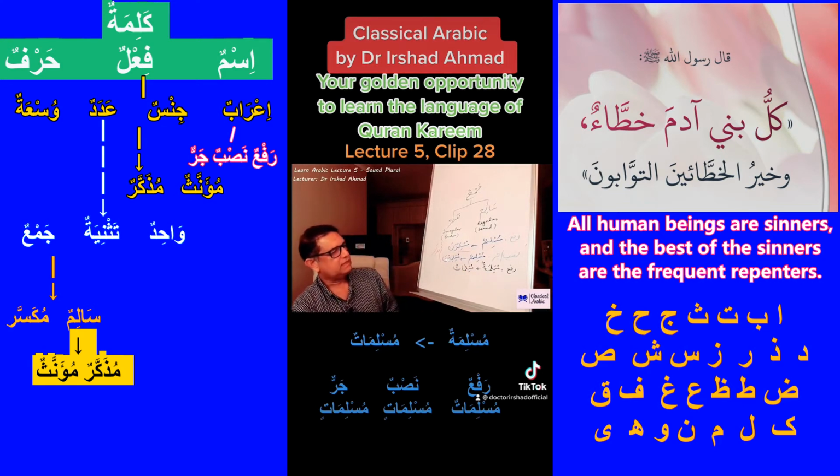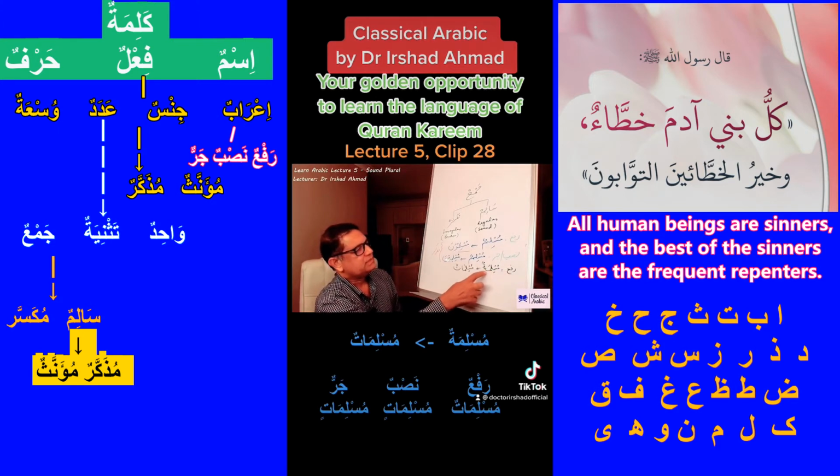So what's happening here is that we are removing ta marbuta and adding alif. After adding alif, we are actually adding ta maftuha. This and ta maftuha will take the same tanween zamma in rafa.